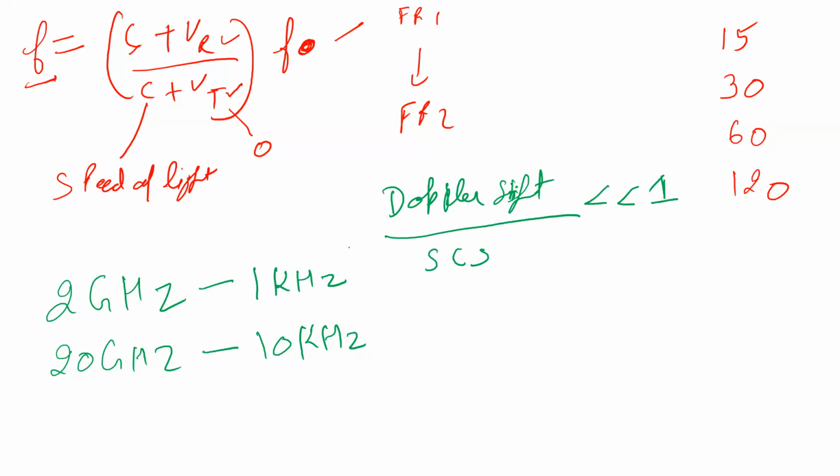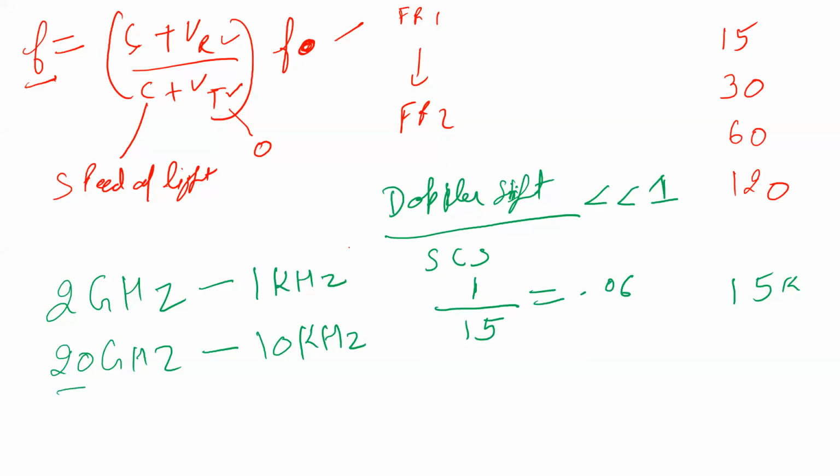Okay, so in case of 2 gigahertz, if I use 15 kilohertz subcarrier spacing, Doppler shift is 1 and our subcarrier spacing is 15, so it will come as around 0.06. That is okay because it is very, very less than 1.